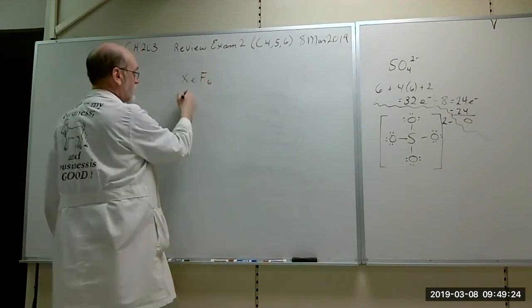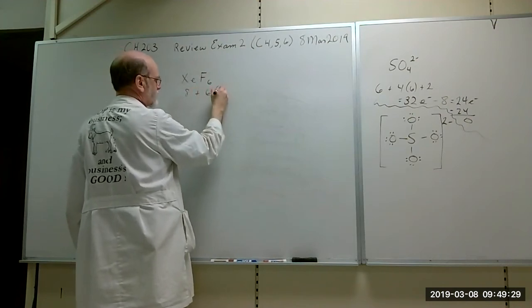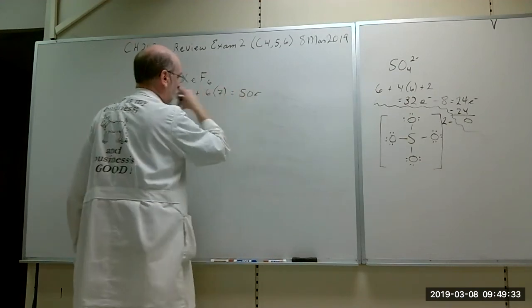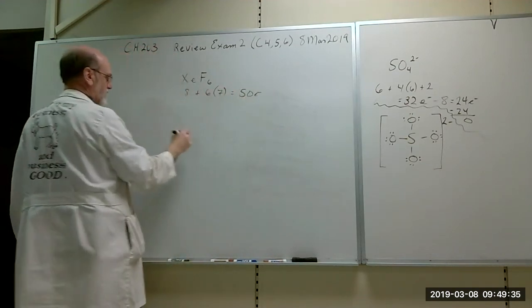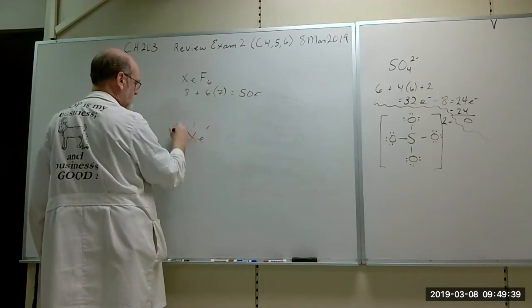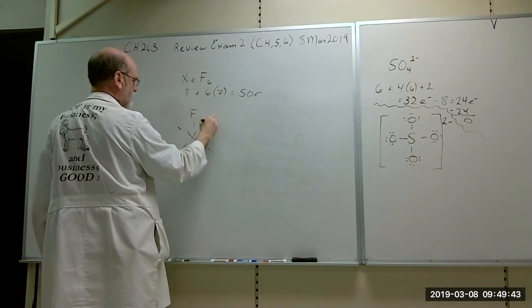Okay, so xenon's already got 8. Fluorine's got 6 times 7 is 42, so that's 50. So we put xenon in the middle, and then we have 1, 2, 3, 4, 5, 6 fluorines.